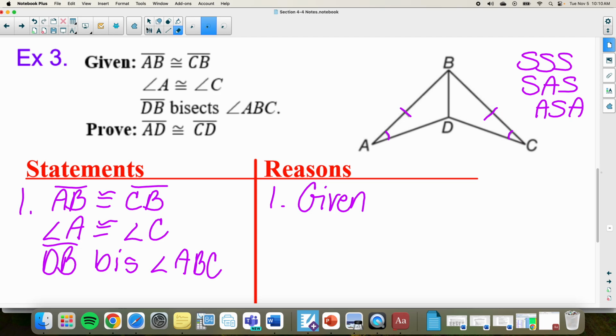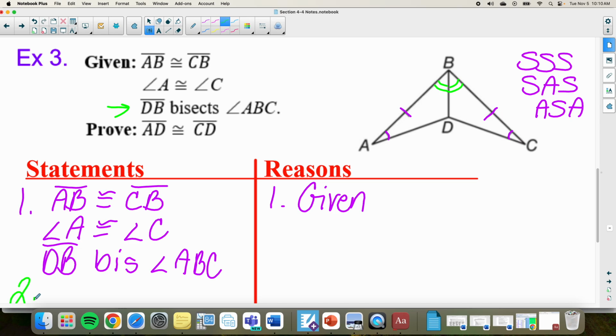If they ever tell you that you have an angle bisector, that means you're going to use it. And they're saying DB bisects angle ABC. So that means this is congruent to that. It bisects that angle. I have to use 3 letters there.